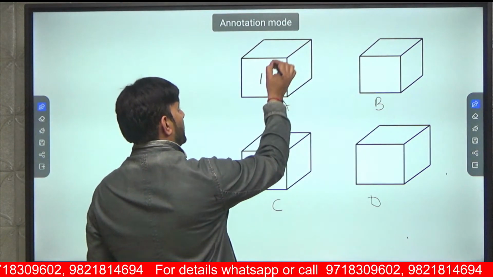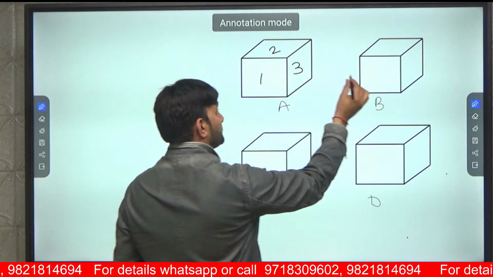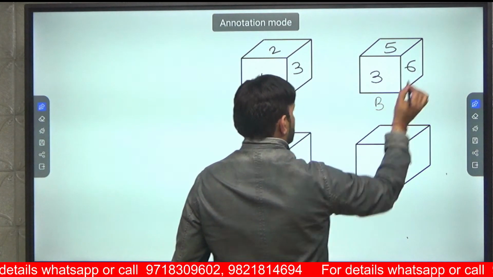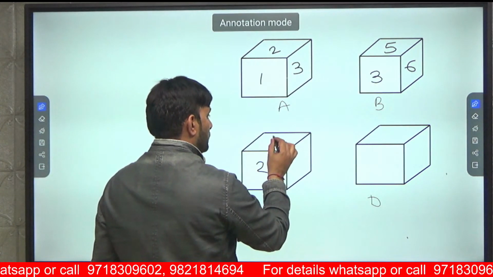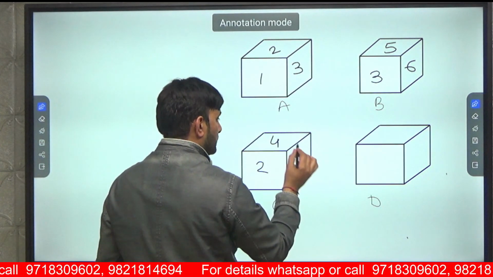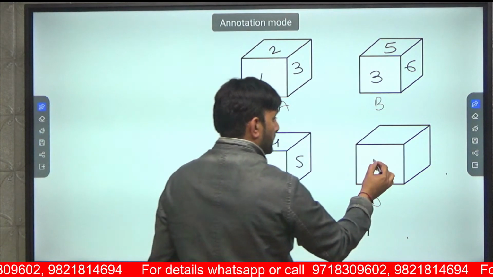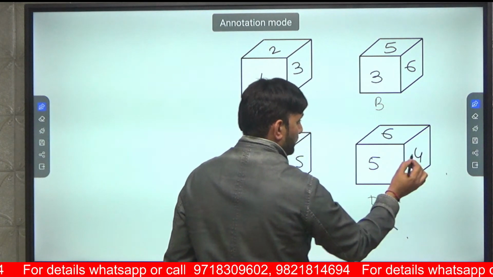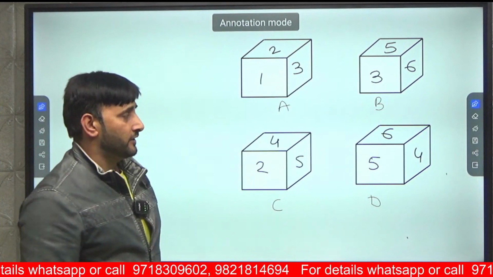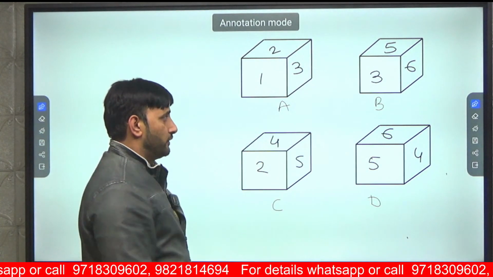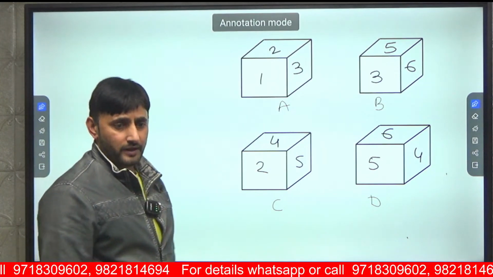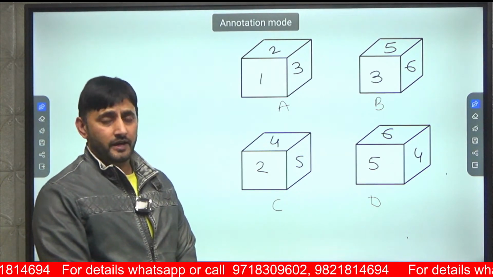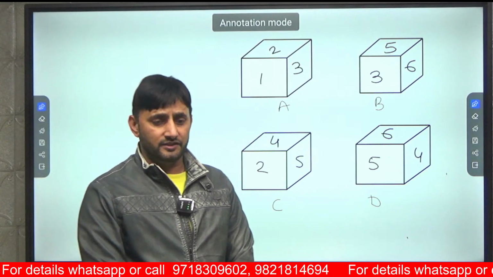So this is 1, 2, 3, then 3, 5, 6, then 2, 4, 5, then 5, 6, 4. You have to tell me which of these dice cannot be a standard die. Quickly reply in the chat box.